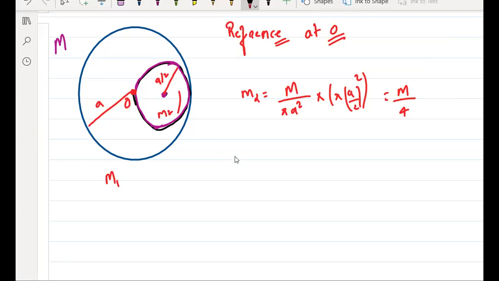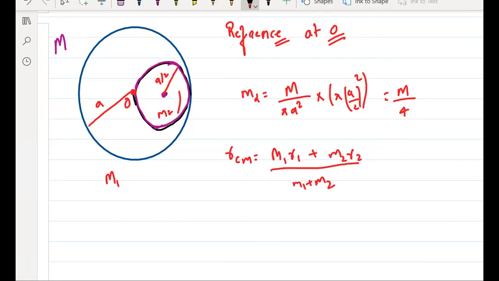Okay, awesome. Now let us think about the formula for RCM. The formula should be (M1 R1 plus M2 R2) by (M1 plus M2). But here this M2 is negative mass, because we are removing it.